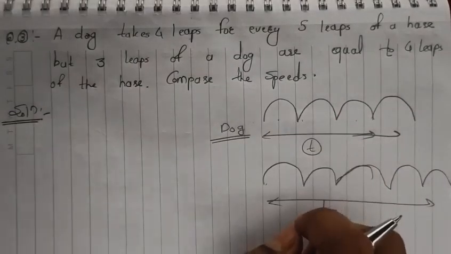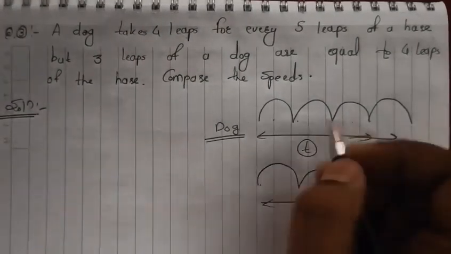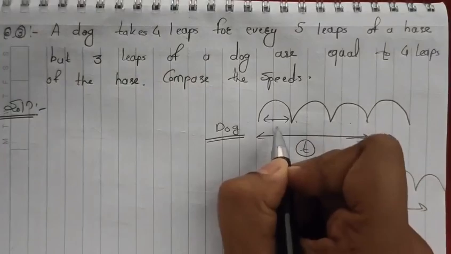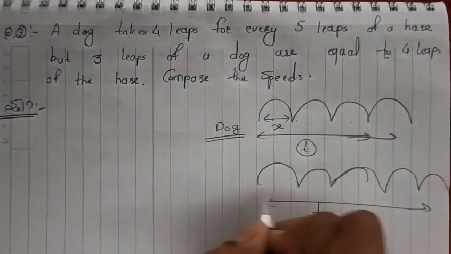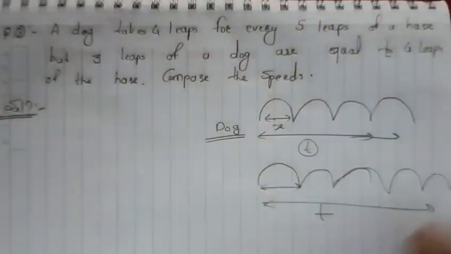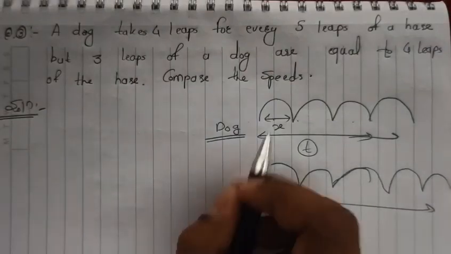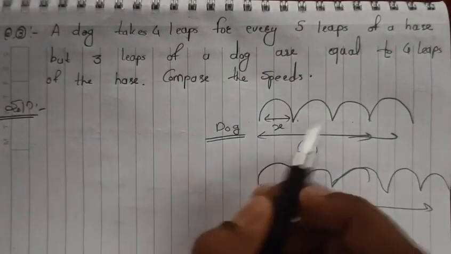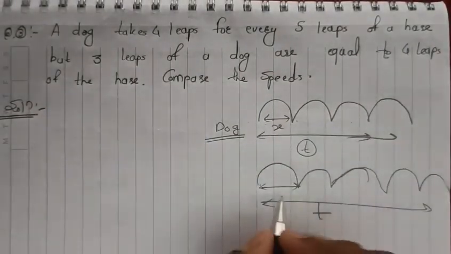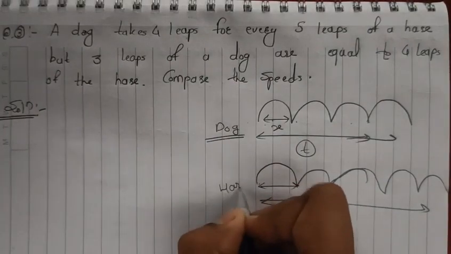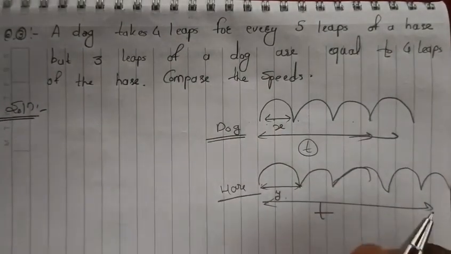Both of the times are exactly same. Now consider this distance of dog as x, and when one jump is happening, how much distance is covered. For dog it is x, and for hare consider it as y, right?